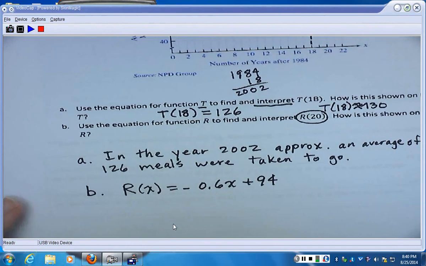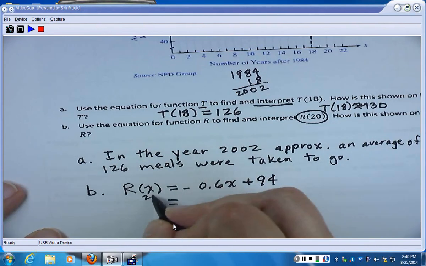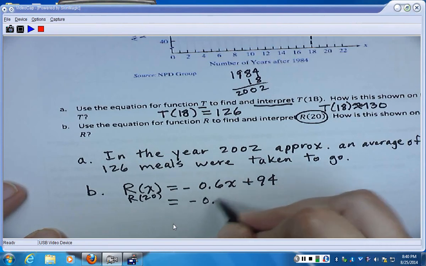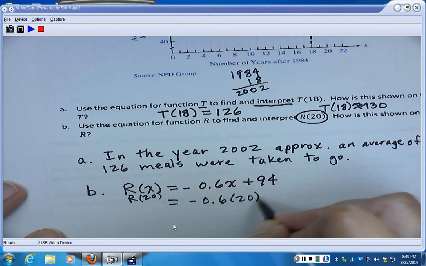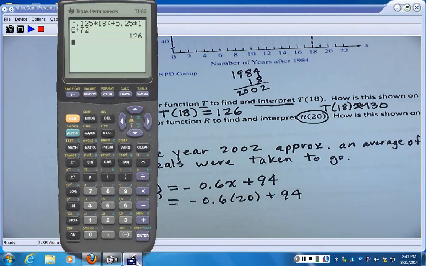That's the number of meals that they ate in a restaurant. We're going to put in 20 for x. Negative 0.6 times 20 plus 94. We'll just do that on our calculator. Times 20 plus 94. And that's 82.